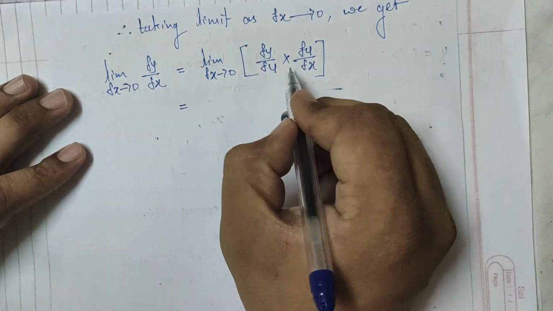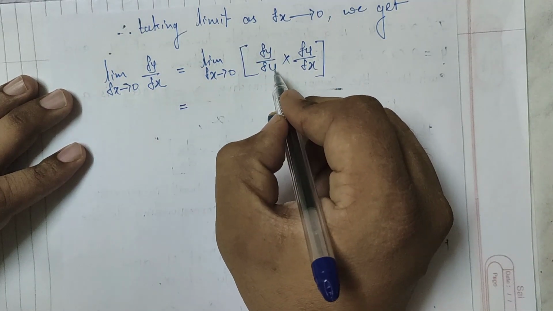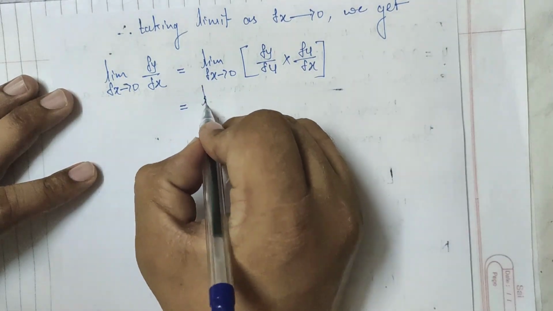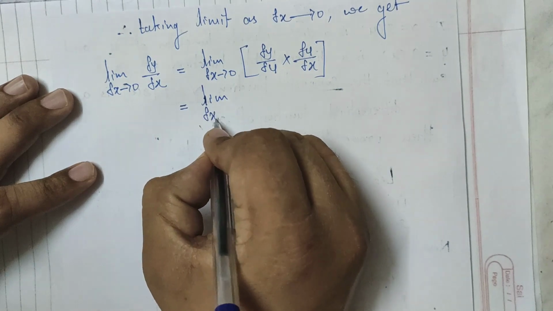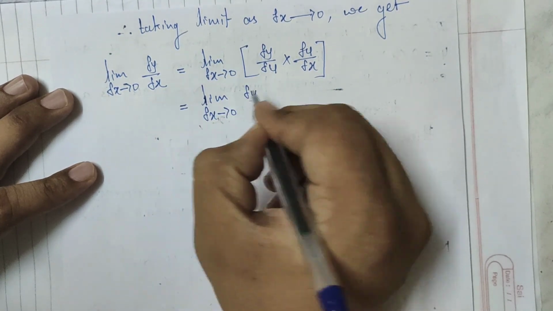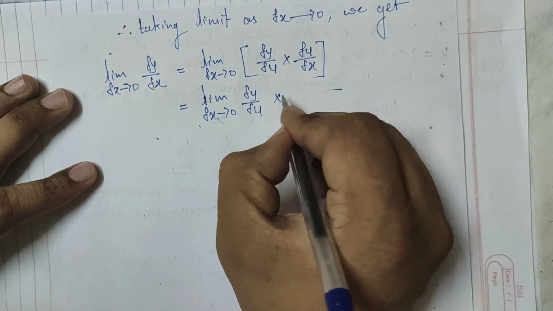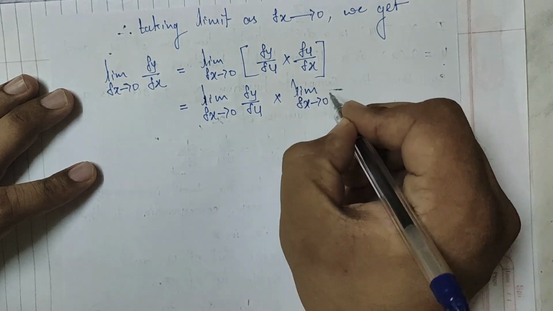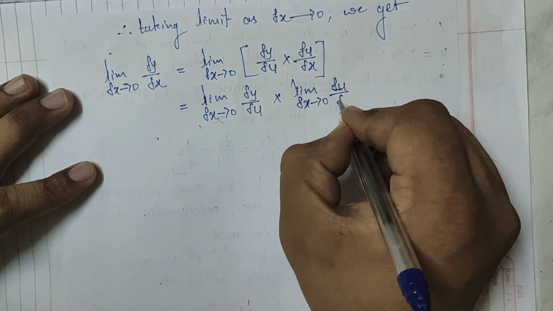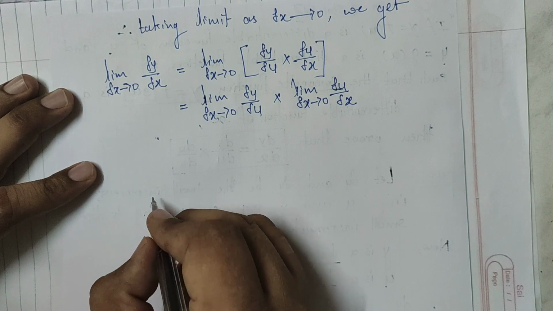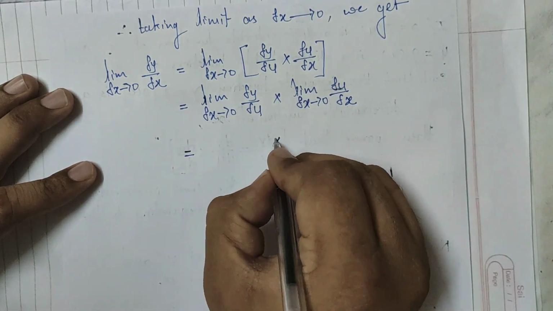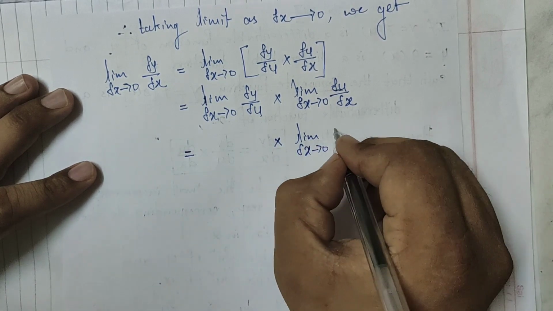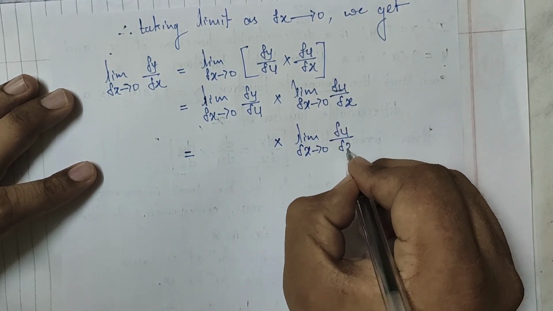Here in the bracket two functions are available, y with respect to u and u with respect to x. Therefore, we apply the limit on the first function, the limit as delta x tends to 0 of delta y upon delta u, into the second function, the limit as delta x tends to 0 of delta u upon delta x.